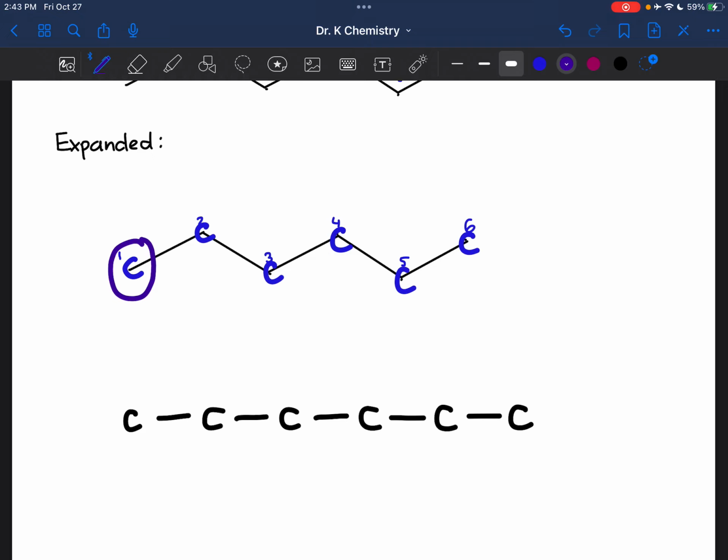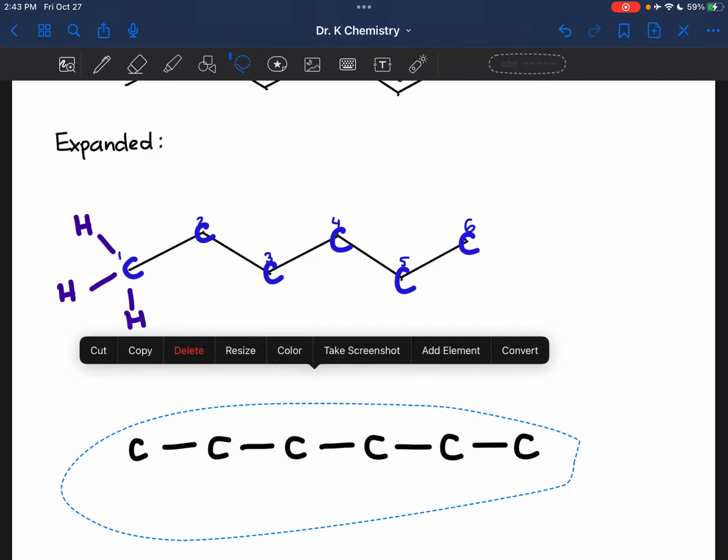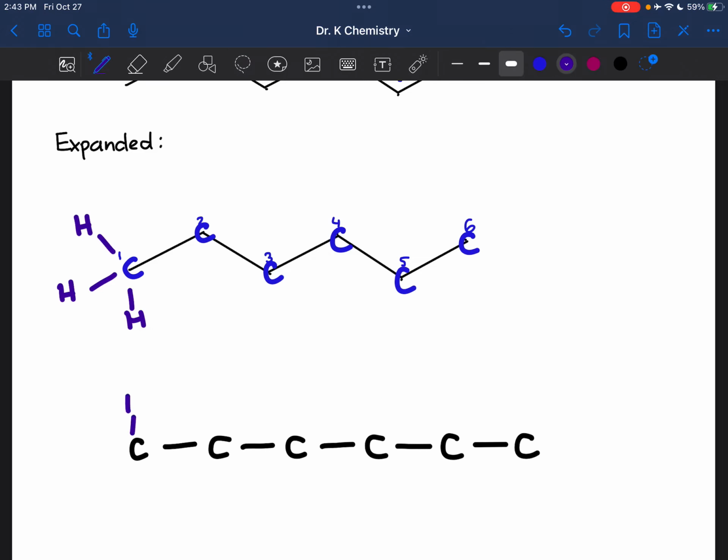If I look at this carbon right here, I notice that it only has 1 bond, which means that it needs 3 more bonds to have an octet. So I'm going to give it 3 hydrogens. And I could do the same thing on the linear version below. Notice that this carbon at the end is the exact same type of carbon. It has 1 bond, which means it needs 3 hydrogens to complete its octet.